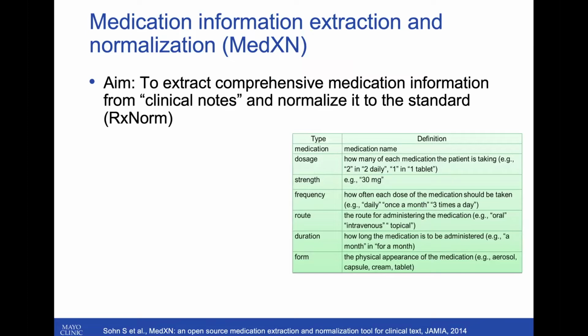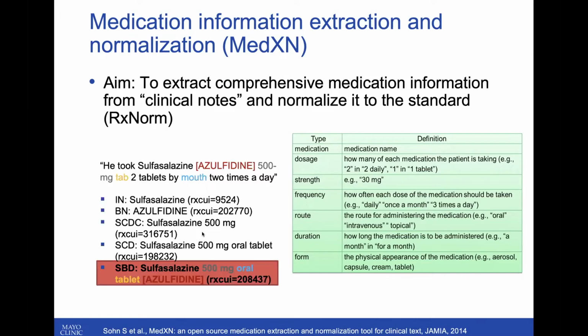What do we mean by comprehensive medication information? In the medication information, we have the medication name itself, but it also comes with different types of attributes, such as dosage, strength, frequency, route, duration, and form. For example, in the clinical text, we can see this sentence containing medication information.